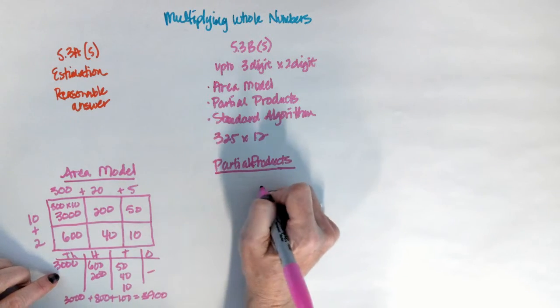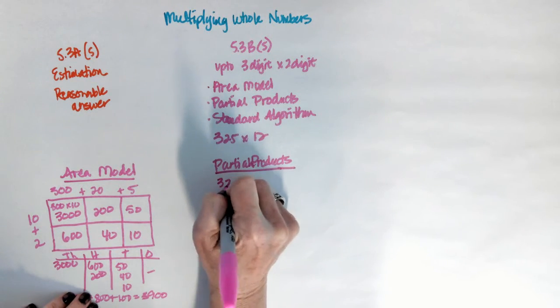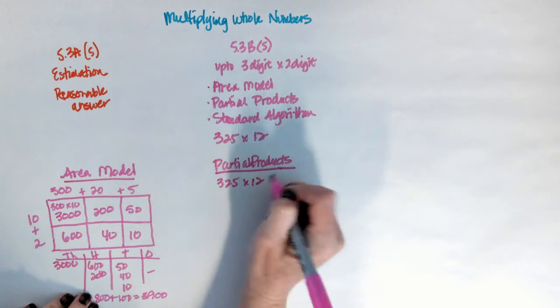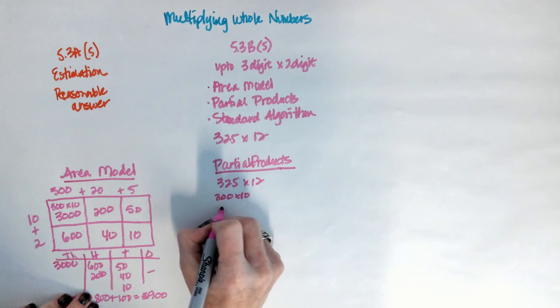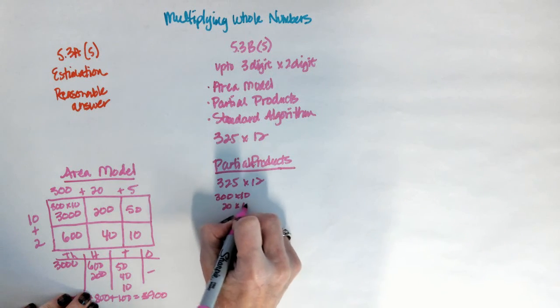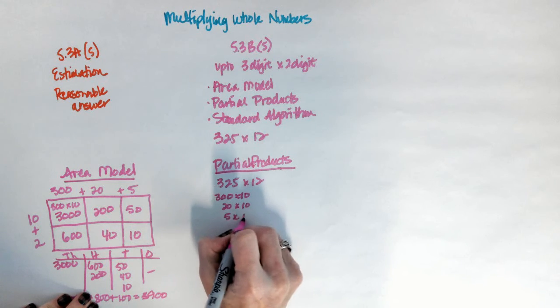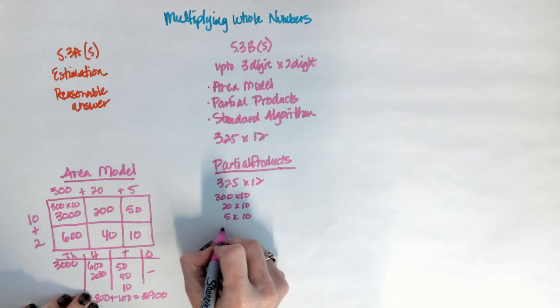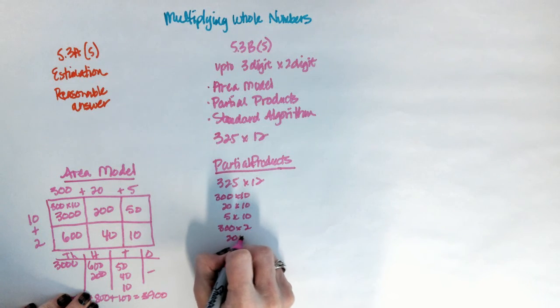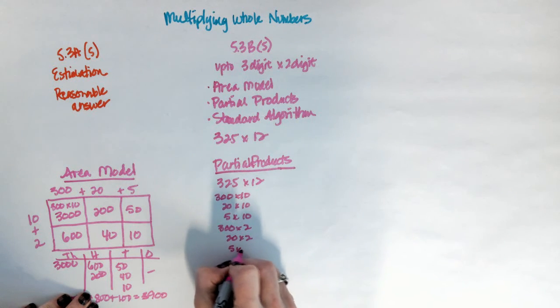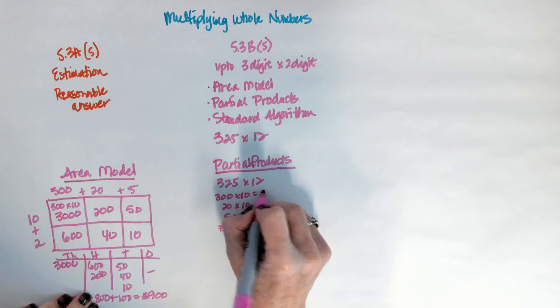They may write, so here's my problem, 325 times 12. They may write 300 times 10, 20 times 10, 5 times 10, and then they would write 300 times 2, 20 times 2, and 5 times 2.